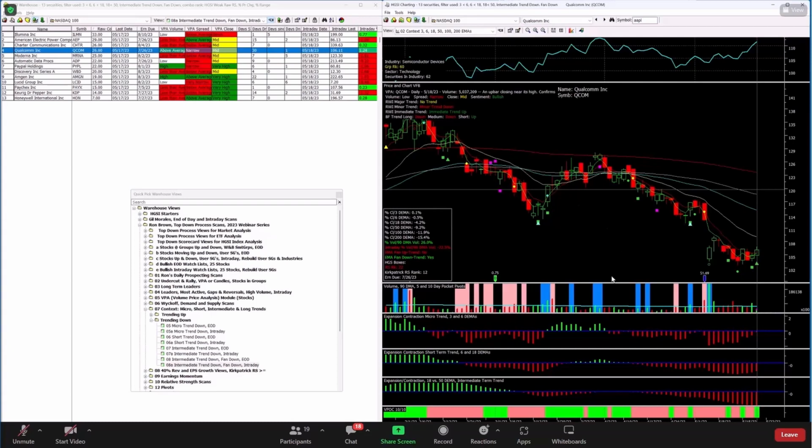We want to be in low-risk trades, but we also have to know where these stocks are relative to the moving averages. I call these my context candles because it puts things in context.